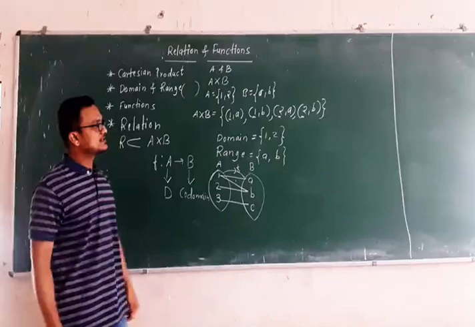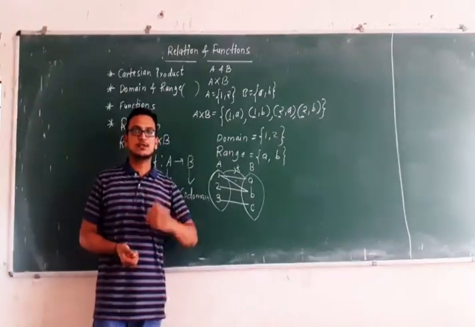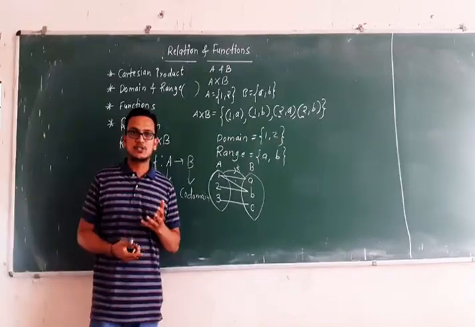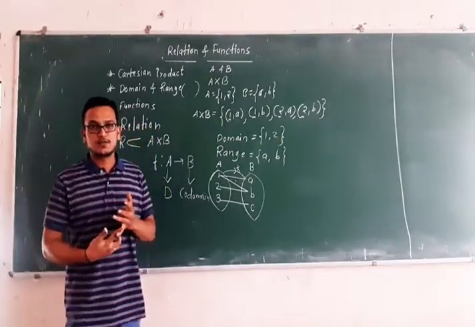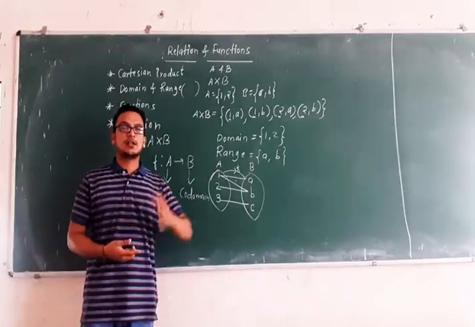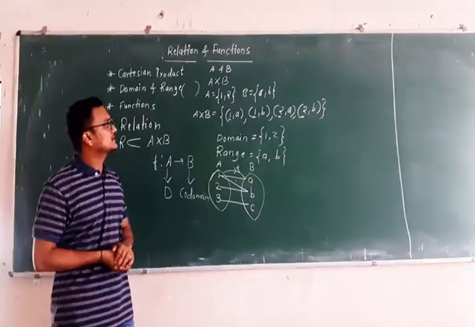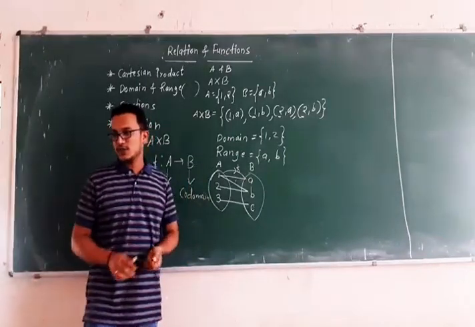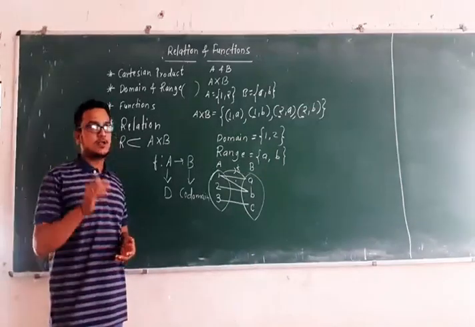And we have also seen some types of functions in the first year, that is the polynomial function, modulus function, greatest integer function, signum function, rational functions. These are the types we have studied in the first year. So this is all about first year knowledge.